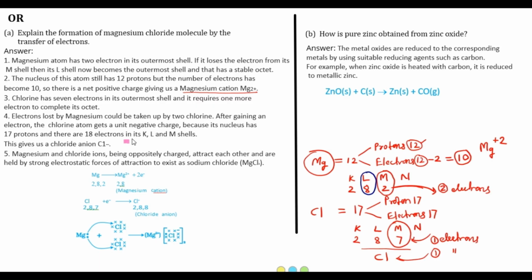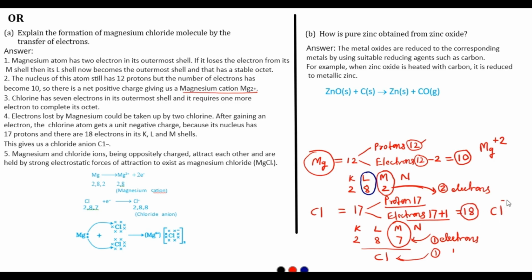Magnesium and chloride ions, being oppositely charged, attract each other and are held by strong electrostatic forces of attraction to exist as magnesium chloride. As we have discussed earlier, the protons will remain 17, but because of the addition of 1 electron, it will become 18, and Cl gets a net negative charge, that is Cl becomes Cl minus 1.